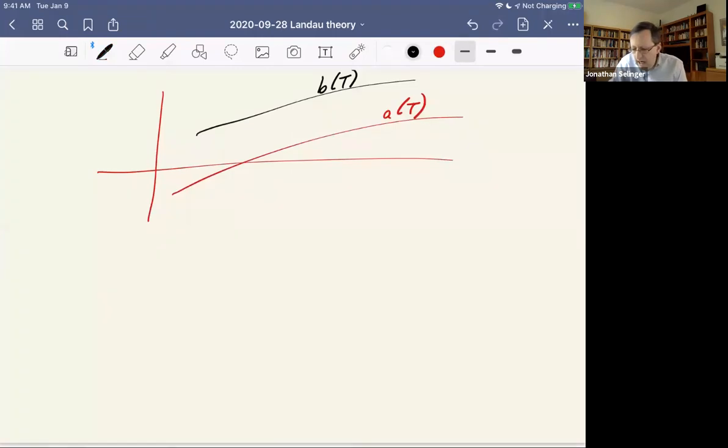Now, I claim that the interesting behavior is what happens close to the point where A passes through 0. Okay, so you have these axes, and there might be some point when A passes through 0. Let's call that a temperature T0. And I will prove to you that the interesting behavior is near T0.